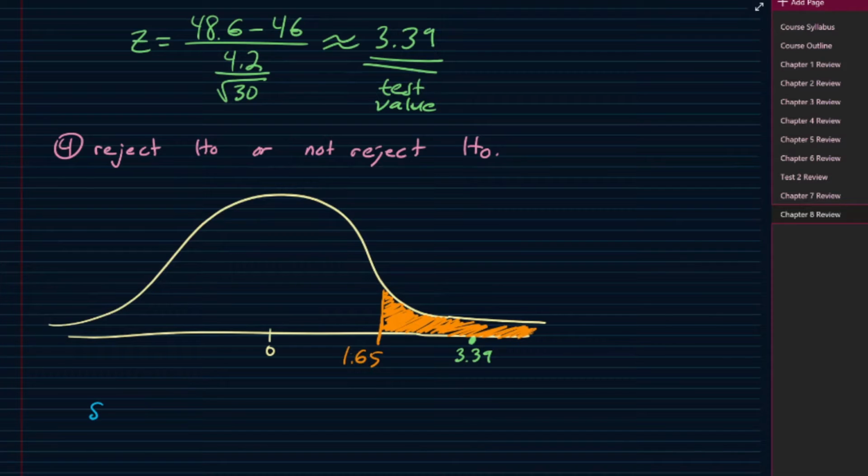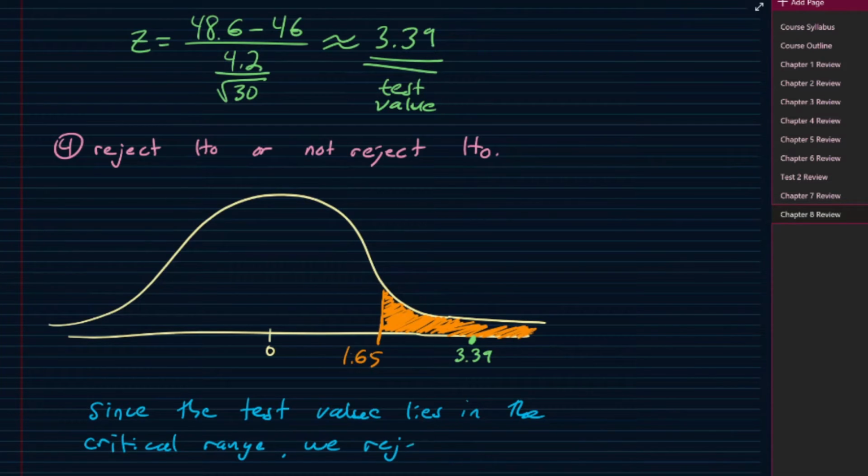So we'll say here, since the test value lies in the critical range, we reject h sub 0. So essentially, the data in the study was so convincing to the claim that we can go ahead and say the claim is probably true and we'll reject our original assumption.